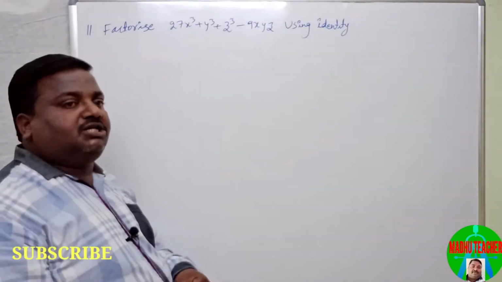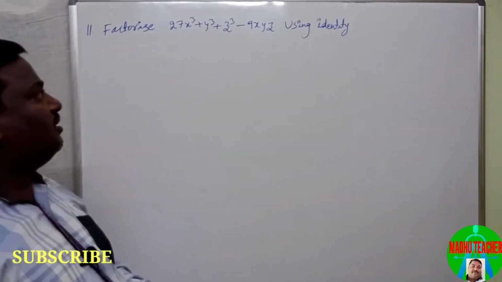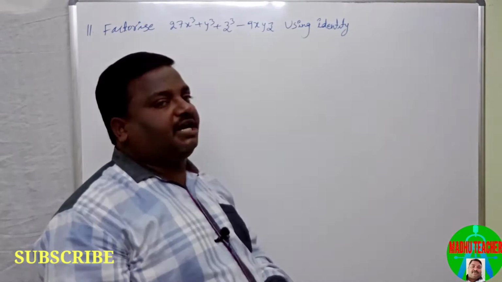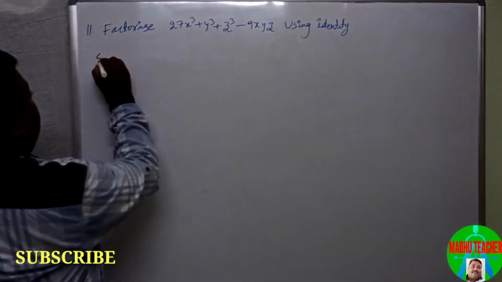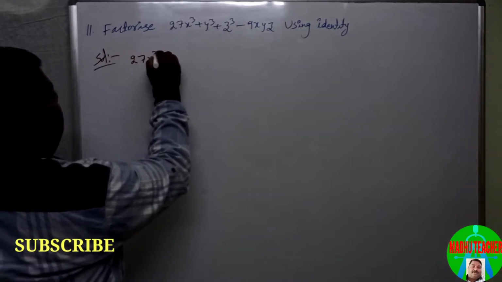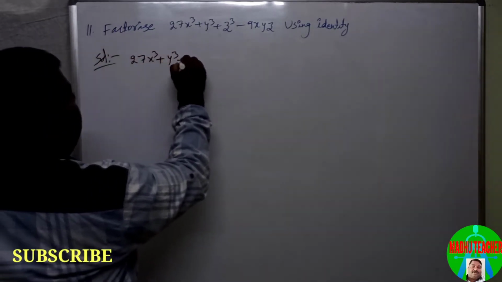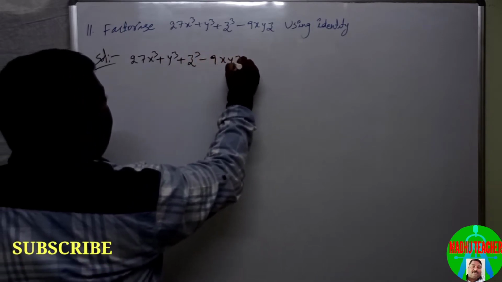Next, okay, 11th one is factorize 27x cube plus y cube plus z cube minus 9xyz using identity. So what is given? 27x cube plus y cube plus z cube minus 9xyz.